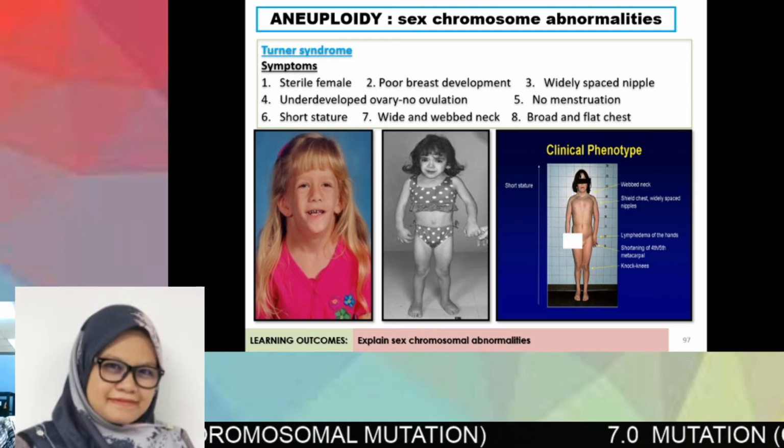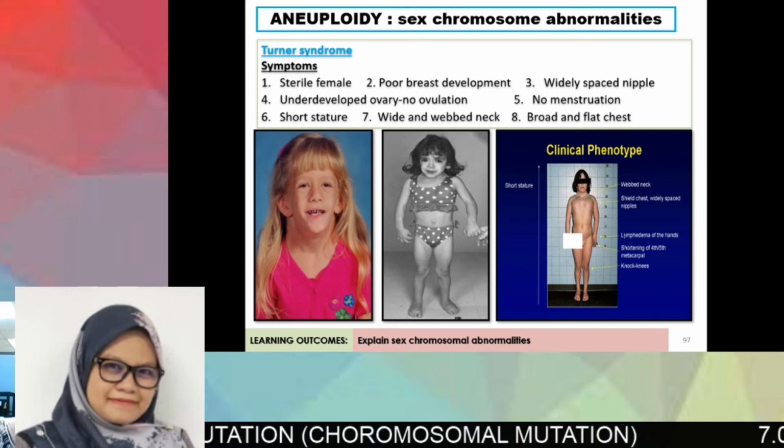Dia adalah sterile, and then poor breast development, widely spaced nipple, underdeveloped ovary, so no ovulation. Dia tak akan ada any menstruation. Dia akan ada short stature, wide and webbed necks, broad and flat chest. And usually orang Turner syndrome ni, dia tak akan ada masalah mental retardation. Okay. So this one kamu boleh baca lah.